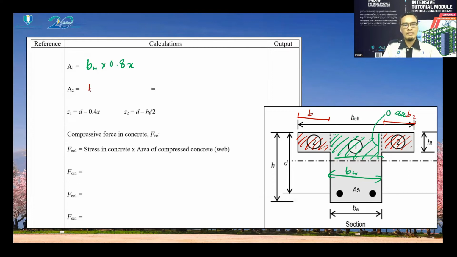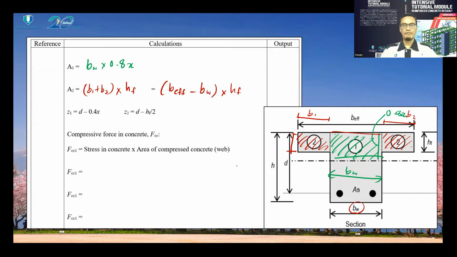So A2 is equal to b1 plus b2 times the thickness of the slab, which is hf. The b1 and b2 together are equal to the flange width minus bw, and multiplied by hf. So this is our A1 and A2.